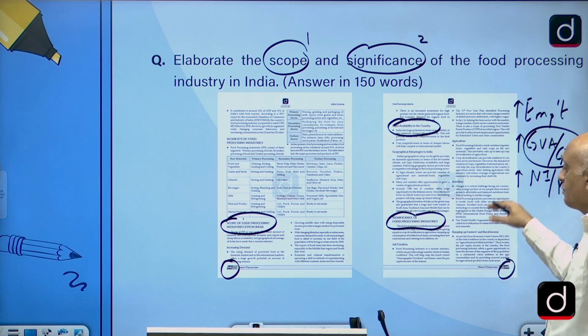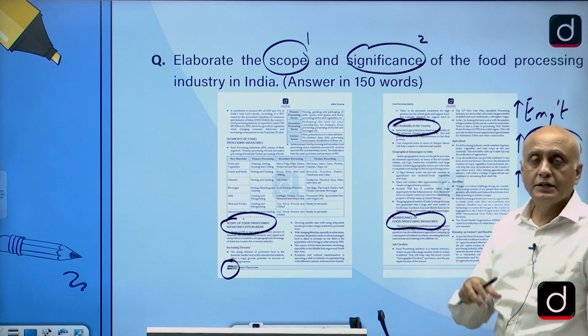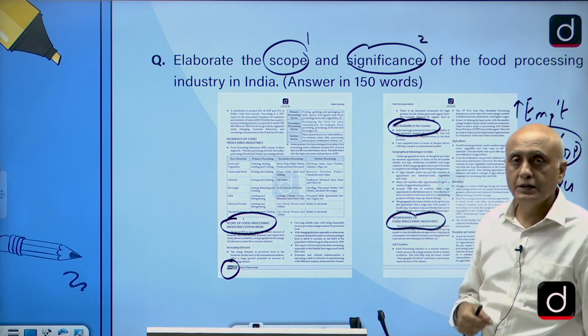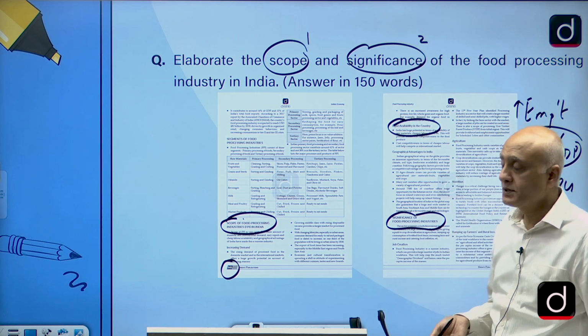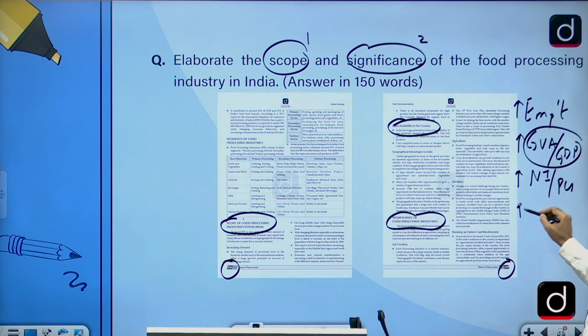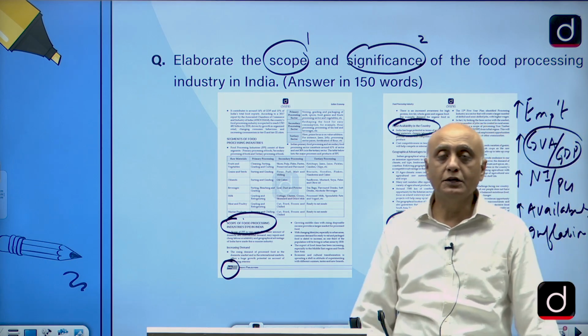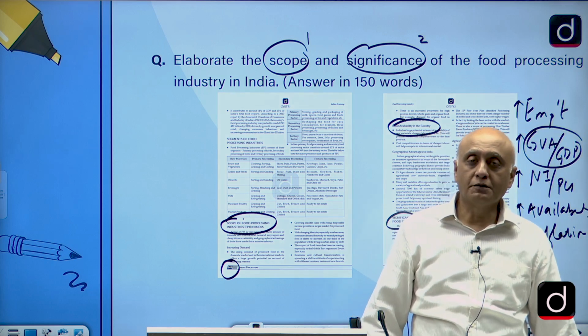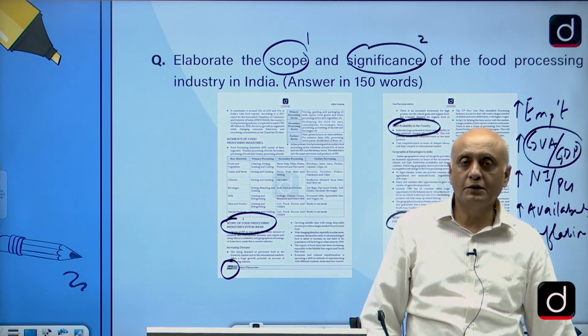And because we are processing the food through mechanical or chemical means, generally the life of perishable items is increased. So the availability will improve for more months, and that will control inflation also. In the last 2 years, we have seen food inflation, edible oils inflation, fruits and vegetables becoming very costly.